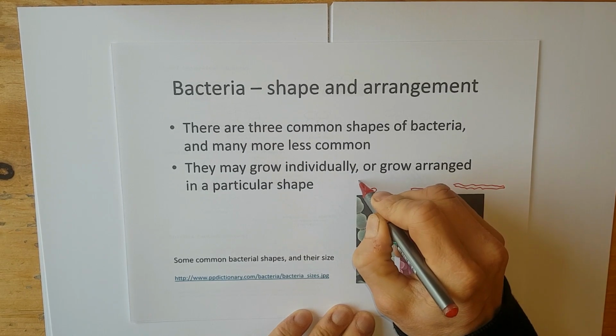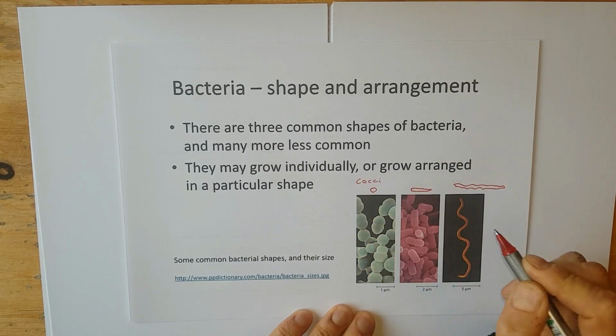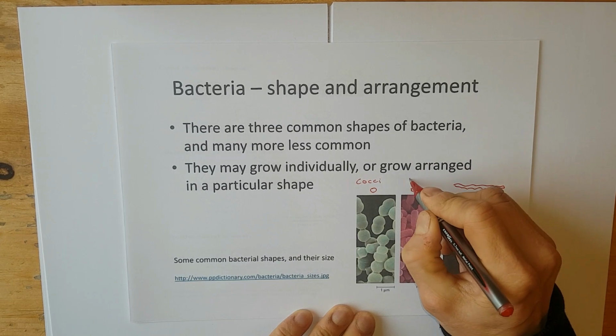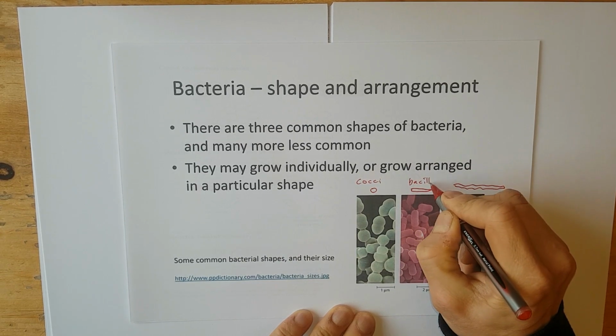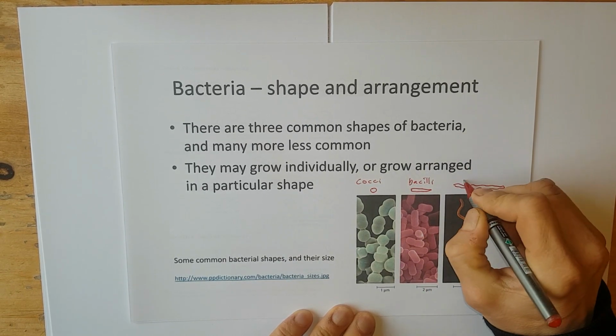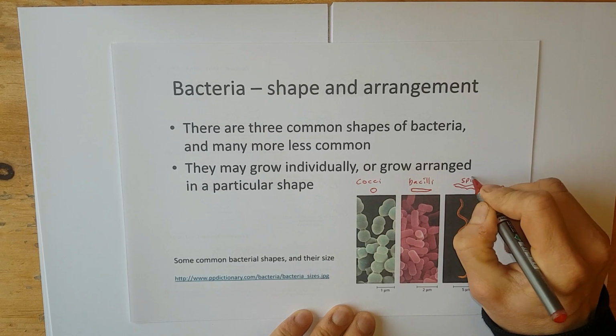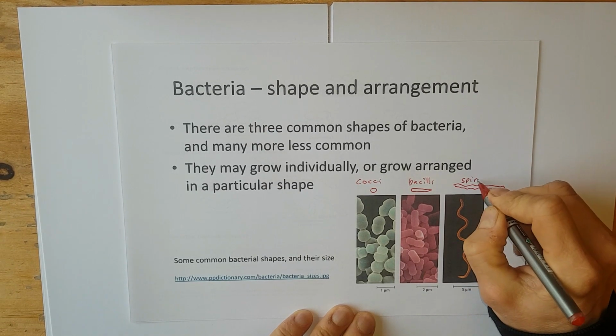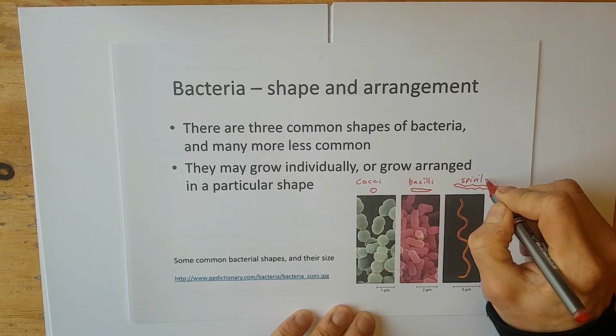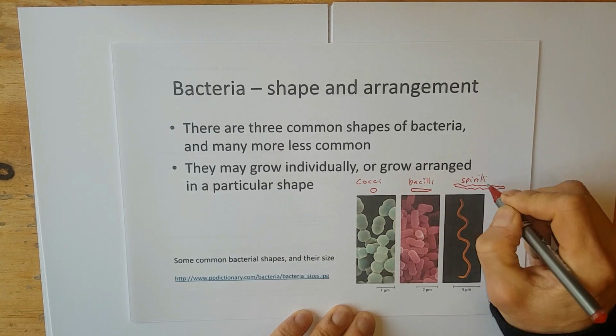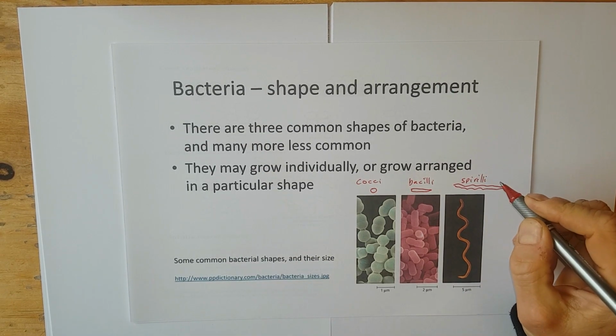These are called cocci. These are the bacilli, and these are spirilla or spirali. Sometimes you can call them spirilla or spirali.